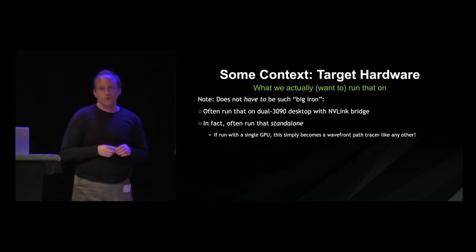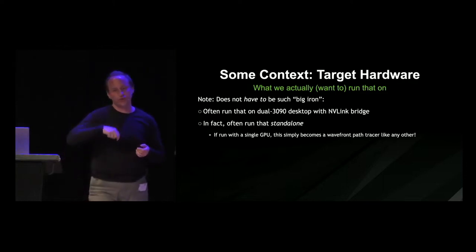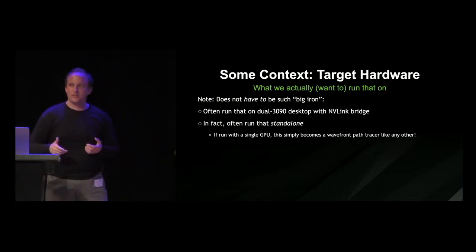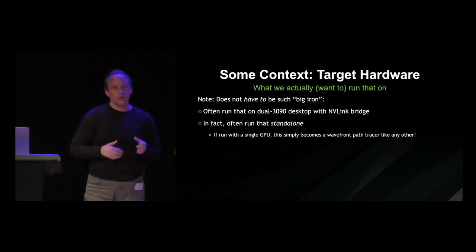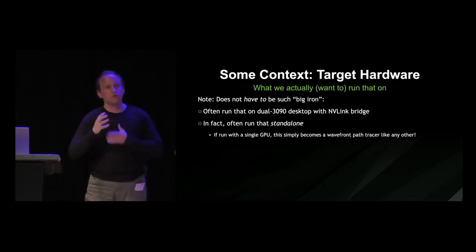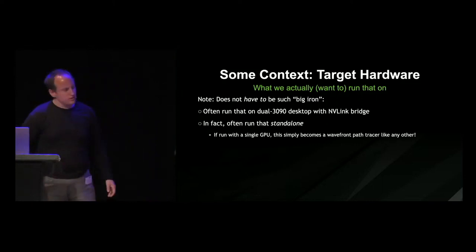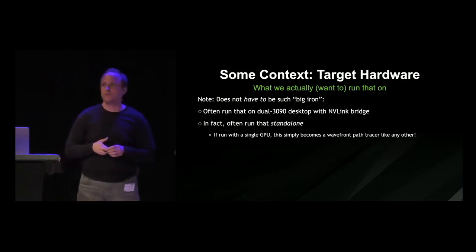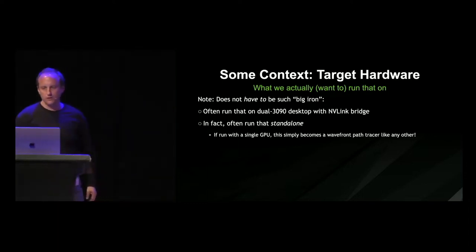So with the implicit method from before, your shaders will just access a global address space, but will access addresses that are on the GPU that we're on. Or CUDA mem copies will not happen if there's no other GPU to copy to. So all this vanishes into thin air, and your whole system becomes an ordinary wavefront path tracer. This is actually how we use this a lot of the time.